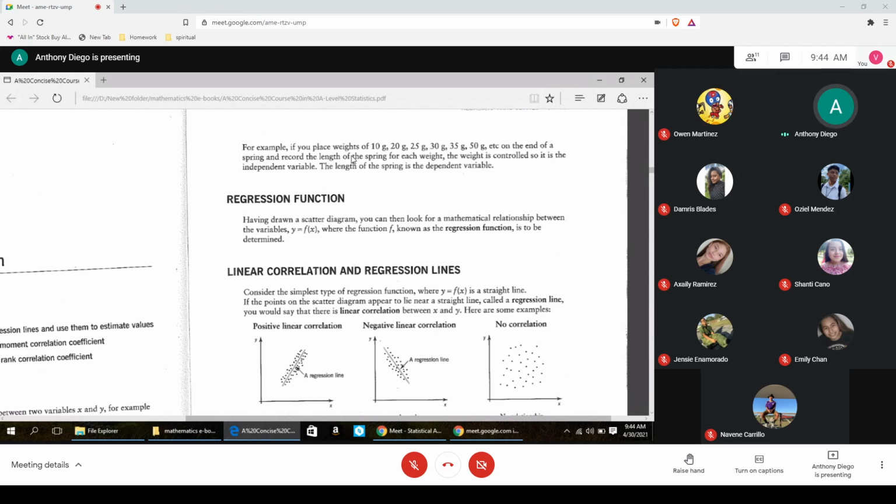So once again, this is a good correlation or a good investigation to be carried out.